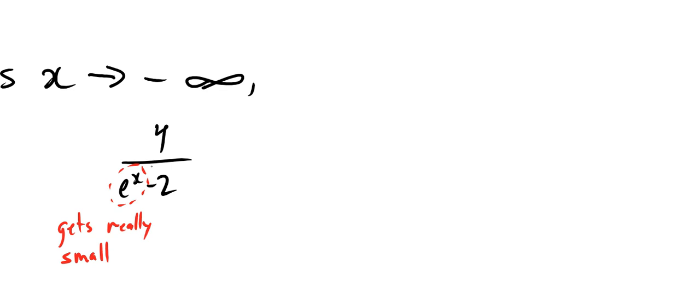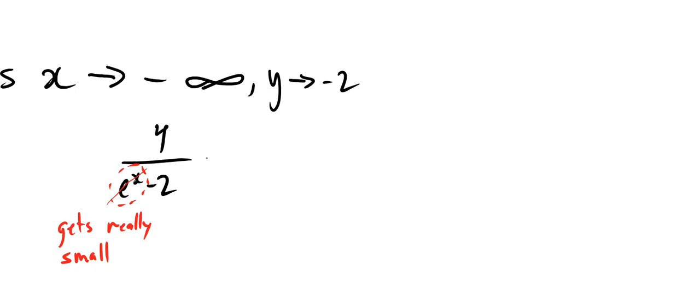So if I imagine that being gone, what's the rest of the function look like? Y equals 4 over 0 minus 2, which is 4 divided by negative 2, which is negative 2, right? So as x approaches negative infinity, y approaches negative 2.